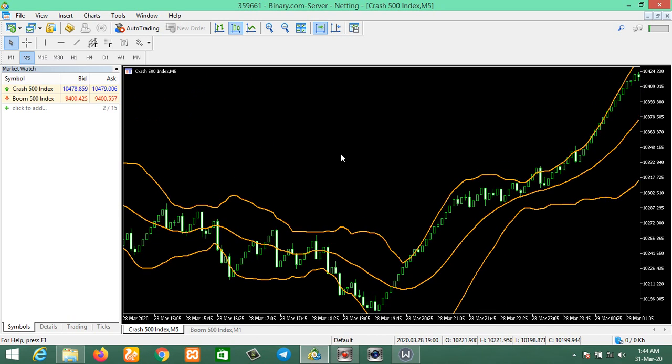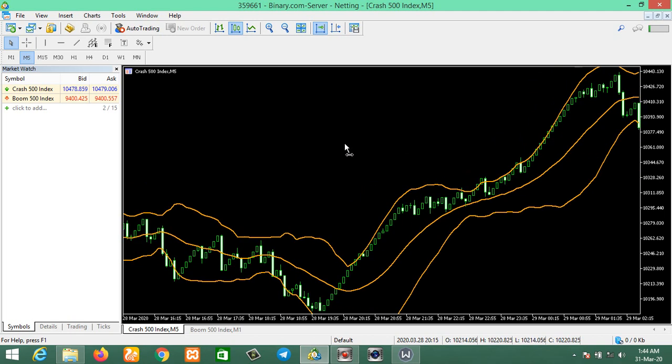Now we have to look out for 3 things before we can enter our trade. First, check if the market is on a trend or not. Check the market trend. The second one is check if it has touched the lower Bollinger Band.